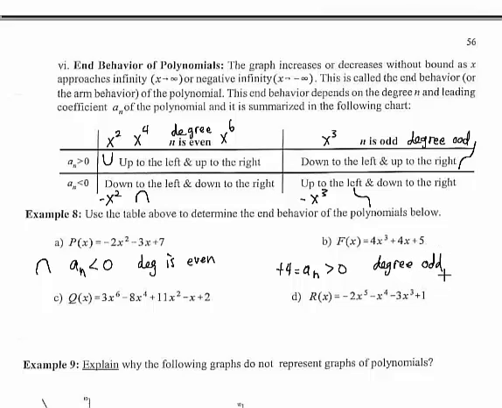Odd degree polynomial. Now since it's positive, we go up to the right and down to the left. So up, right, and down, left. What about Q? Well, we have an is positive again, but now our degree is even.